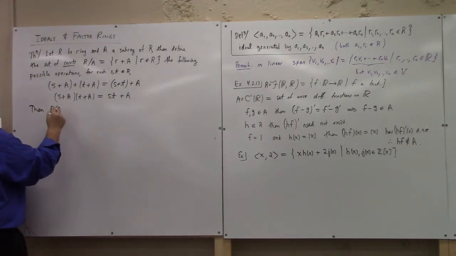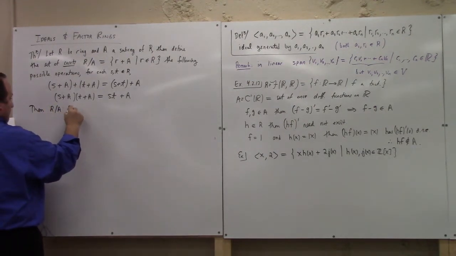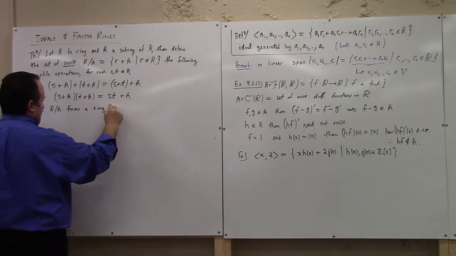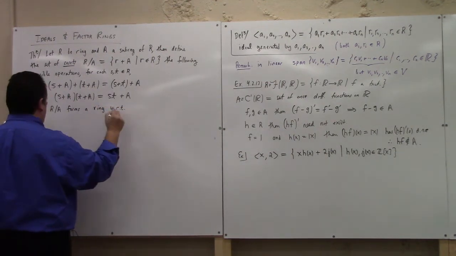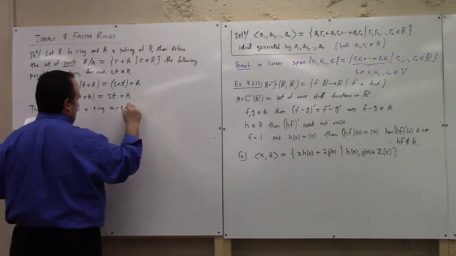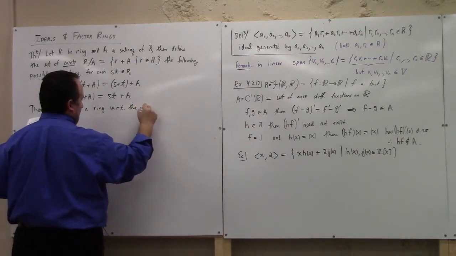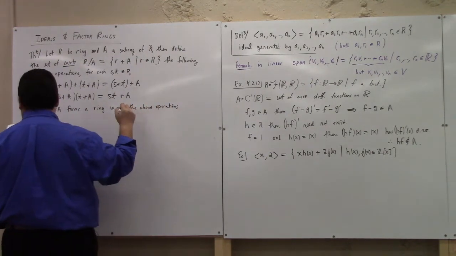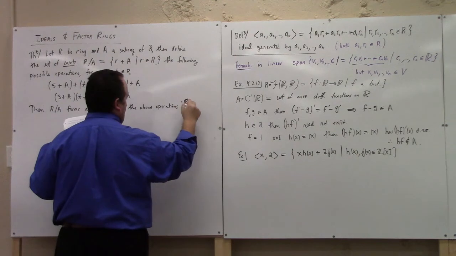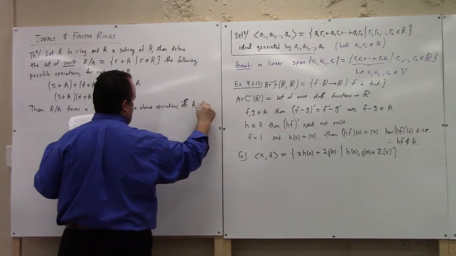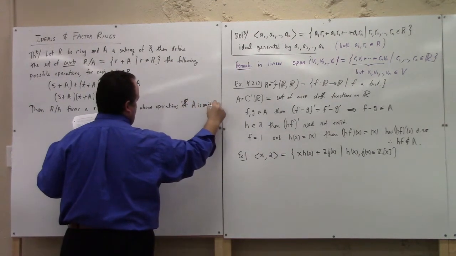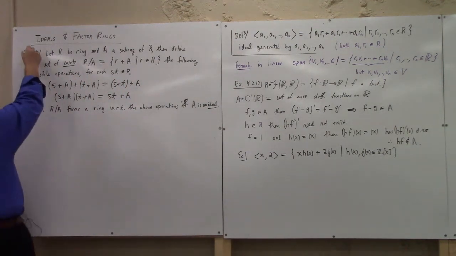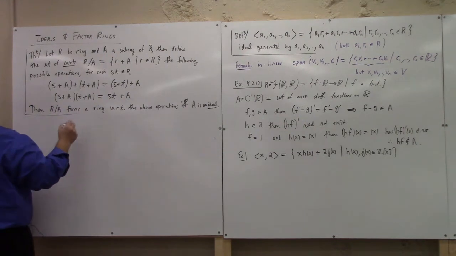R mod A forms a ring with respect to the above operations if and only if A is an ideal. In this case, we call this the factor ring of R by A.